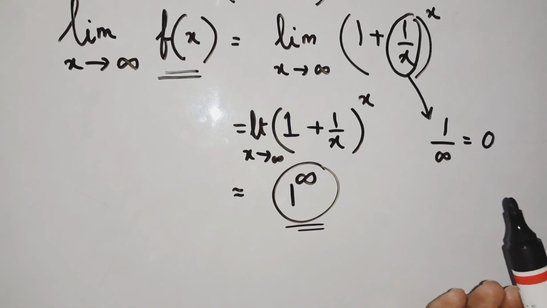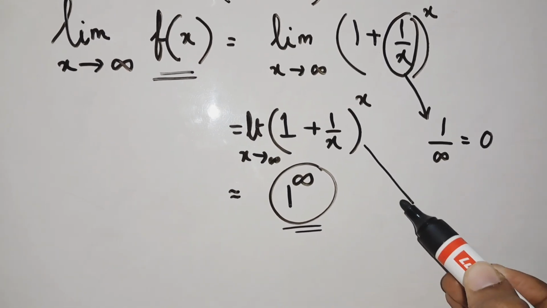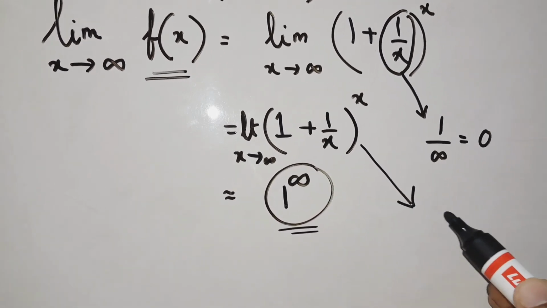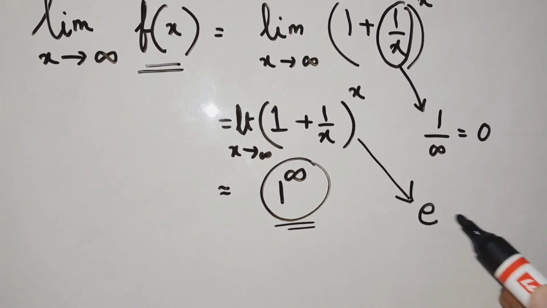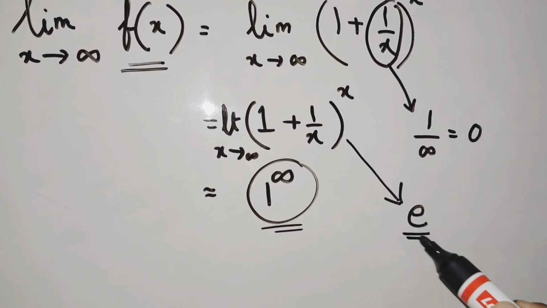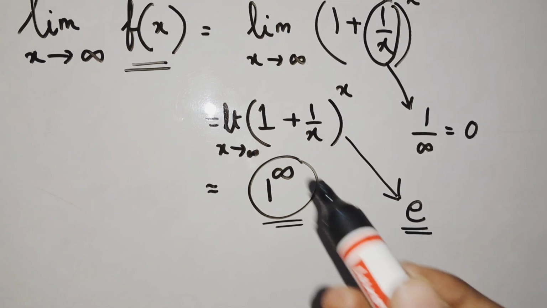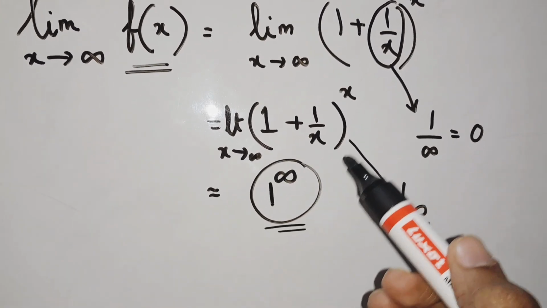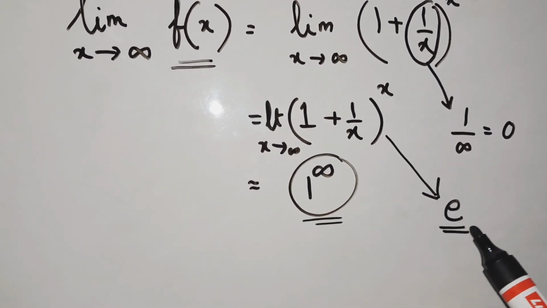And via calculus technique, we know this number is nothing but e. Okay, the exponential e. The limit as x extends to infinity of (1 plus 1 by x) to the power x is nothing but e.